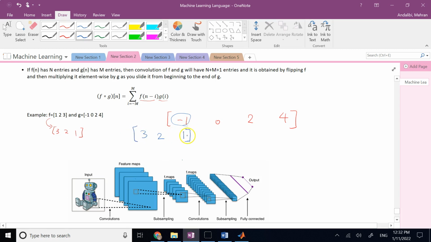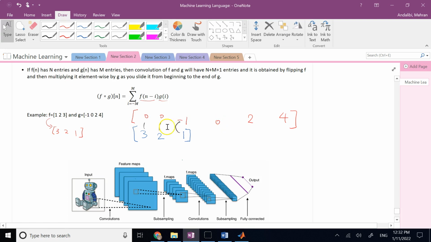And then multiply element-wise. Now, what do you mean by multiply element-wise? Well, right now I can only multiply 1 and -1 because they are related to each other. What should I multiply by 2 and 3? There is nothing for 2 and 3 to multiply to. So one thing you have to do here is to pad the first element with a bunch of zeros. Now pay attention, these zeros are different than some actual zero that you had.